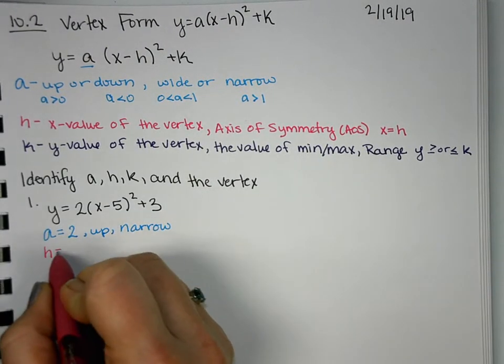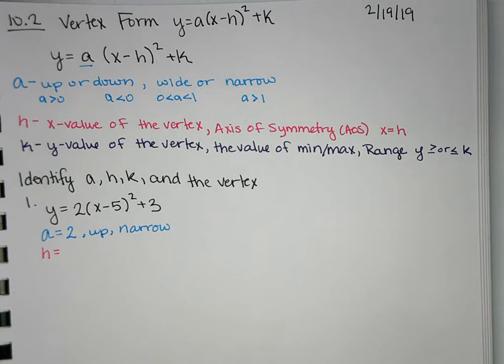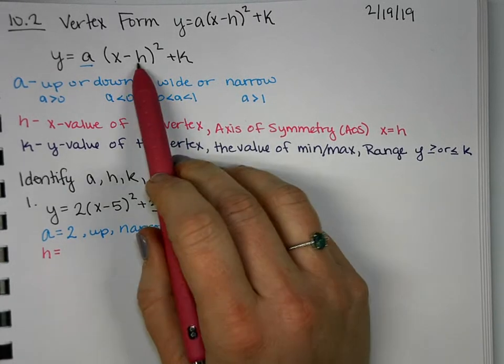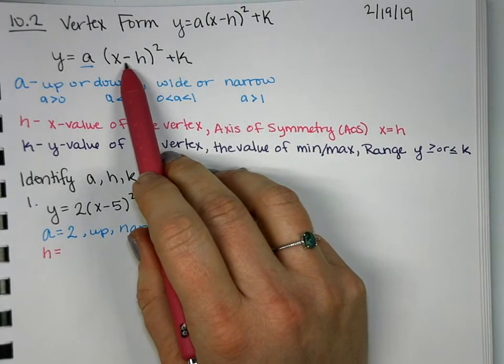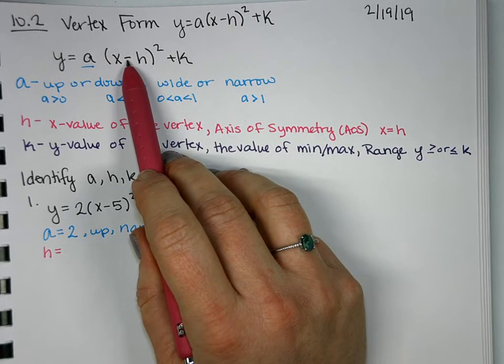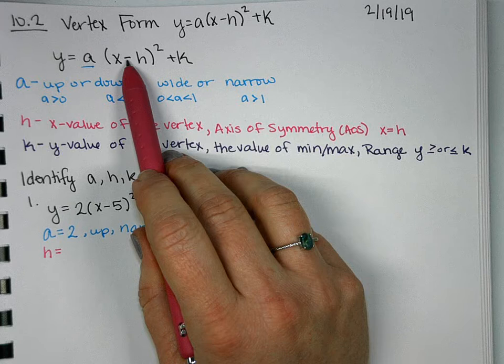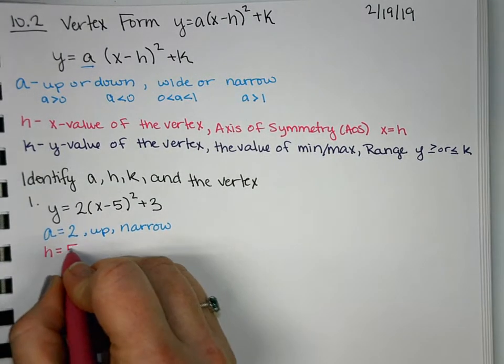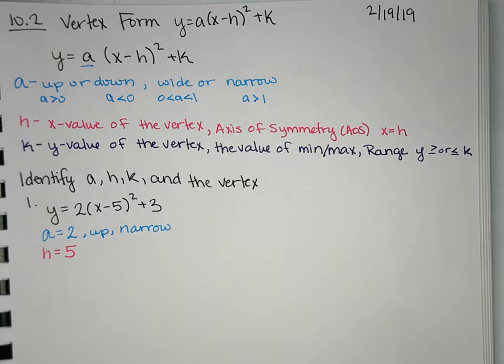Okay, what about H? It's actually, so this is something I hadn't mentioned. It's always the opposite. So the negative, if we look back up to vertex form, the negative is part of the formula. So when we pull it out, it has to go opposite of whatever it is. So if this is a -5, that means it comes out as +5. And you only do that on the x, not the y.